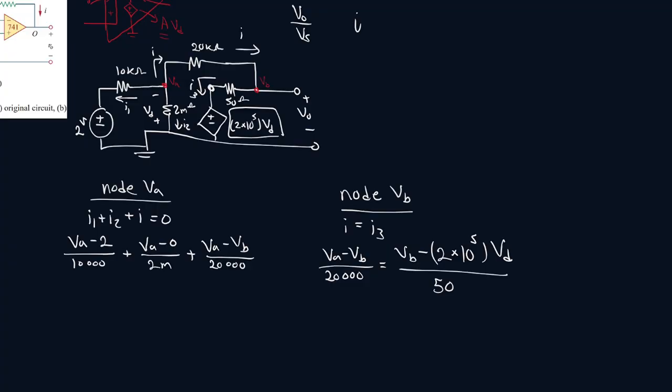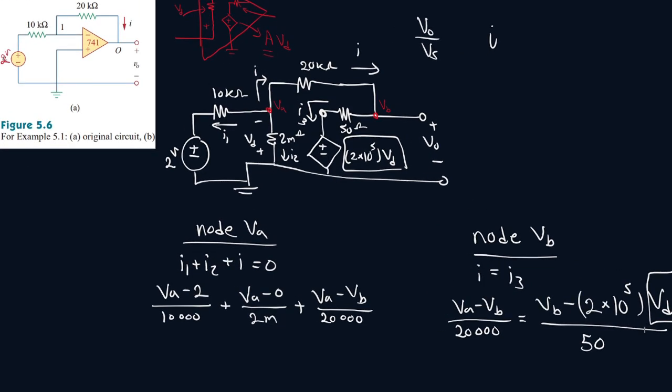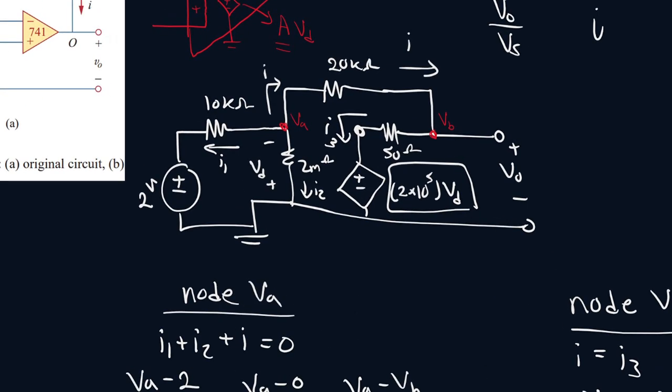Now let's find a way to substitute something for VD. So let's see what we can do. We see VD is located here, and we see the polarity is in this way. Hold on, sorry, everything's erasing. Give me a sec. As the current travels through VD from VA, it leaves from the positive terminal.